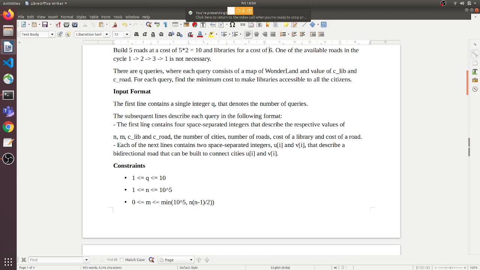Then you will be given Q queries or T test cases, and for every test case you will be given the number of cities, the number of roads, the cost of building a library, the cost of building a road, and then M lines, each containing a pair of nodes, U_i and V_i, where you can construct a road between U_i and V_i.